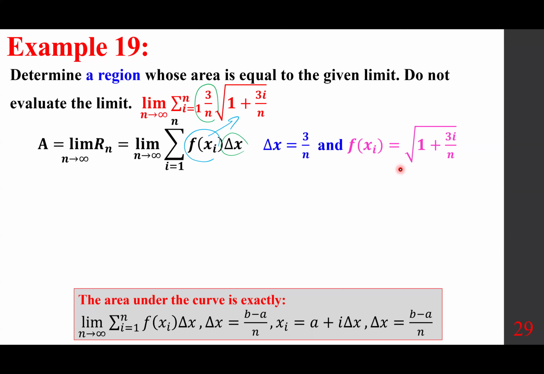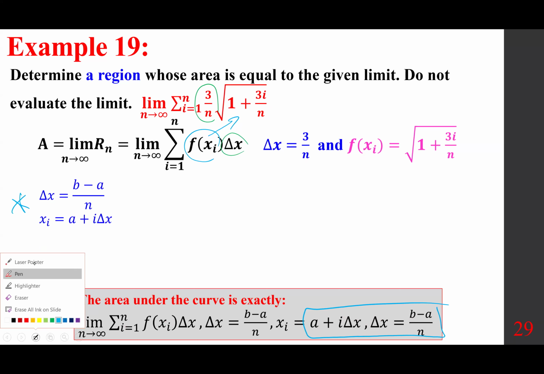Let's work on this. We know delta x is b minus a over n, and we know x of I is a plus I delta x. And so we just write the information from here. Okay, so this piece is this, okay?